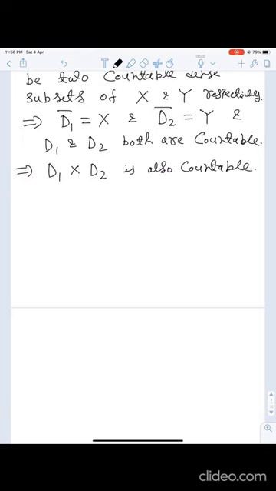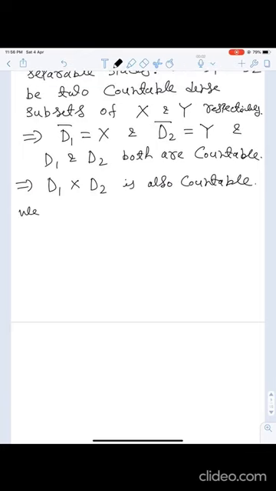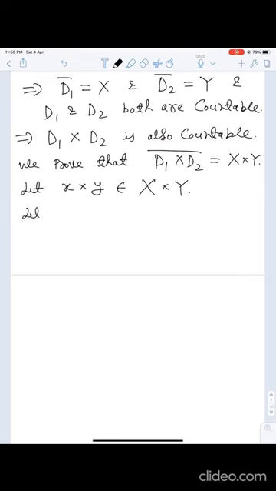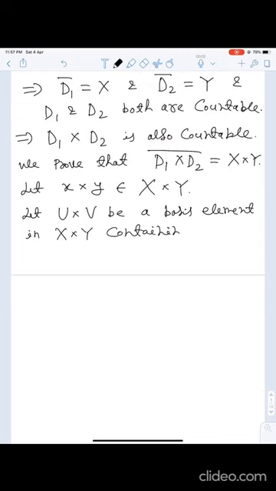Now we prove that the closure of D1 cross D2 equals X cross Y. So let x cross y belong to X cross Y. Now let U cross V be a basis element in X cross Y containing the point x cross y.